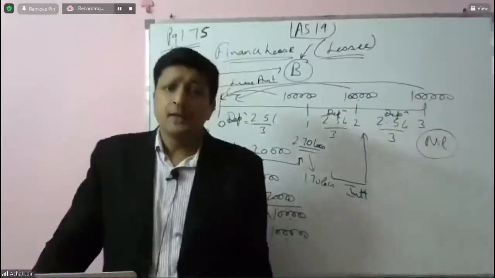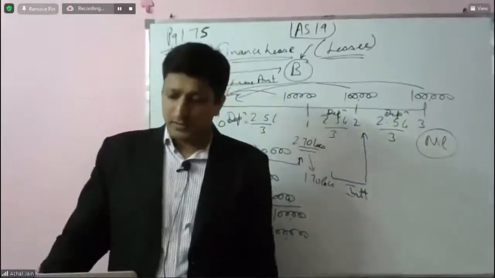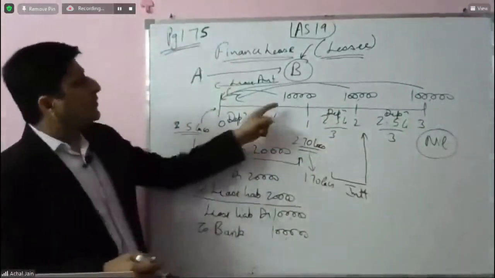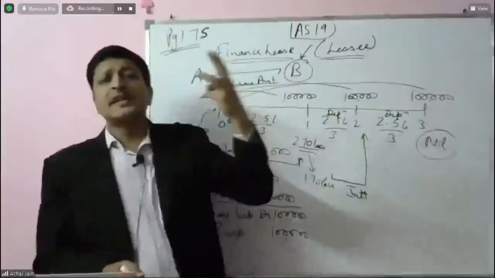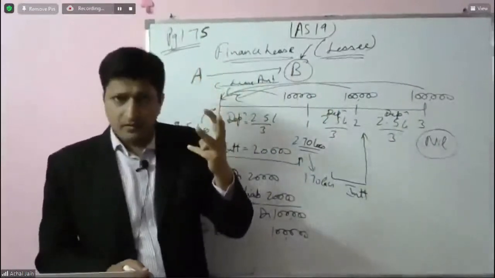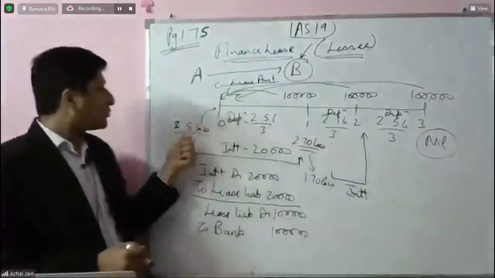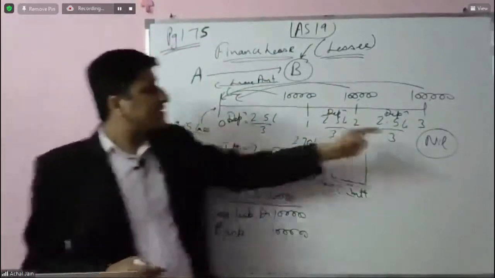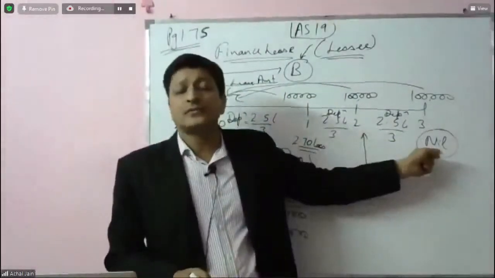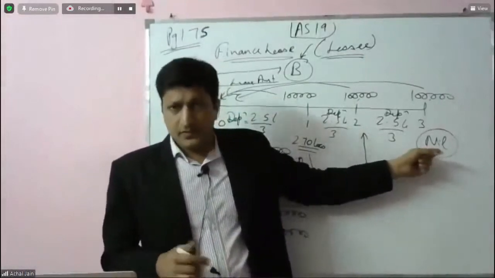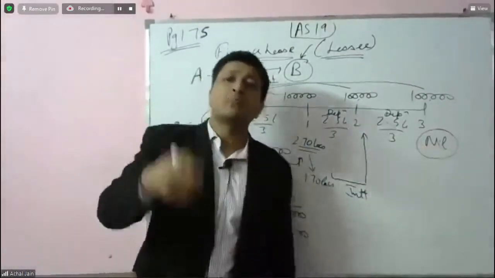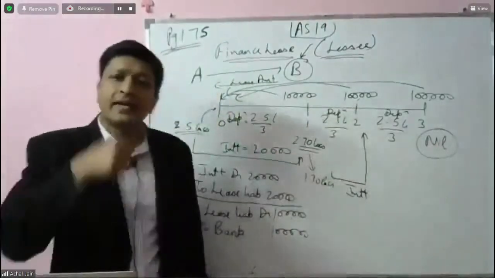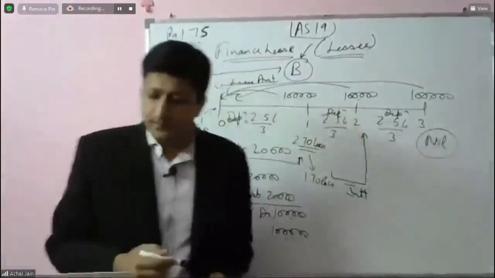Implicit means built up in the lease arrangement. In this case, over a period of 3 years, 3 lakh is required to be paid, which is discounted to today's date at 2.5 lakh. And if this 2.5 lakh has to become 0 at the end of 3rd year, the discount rate that you compute will be called as interest rate implicit in the lease.